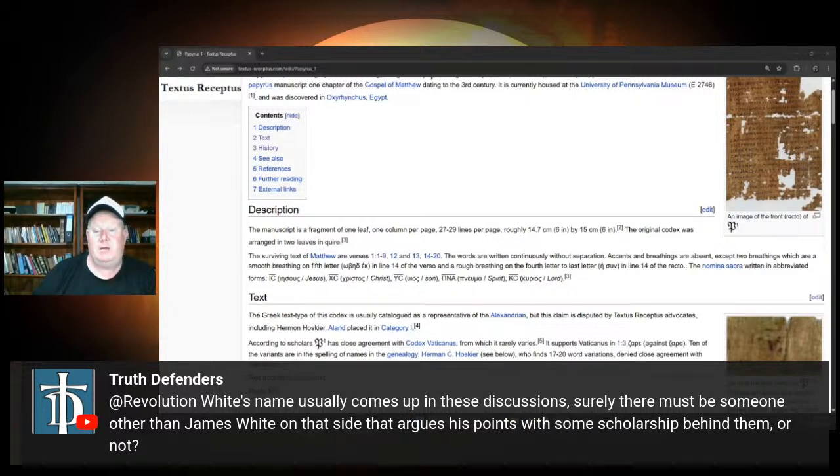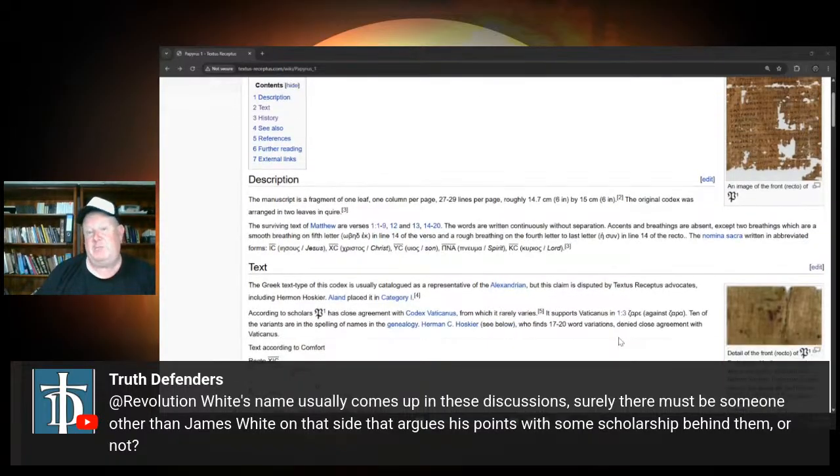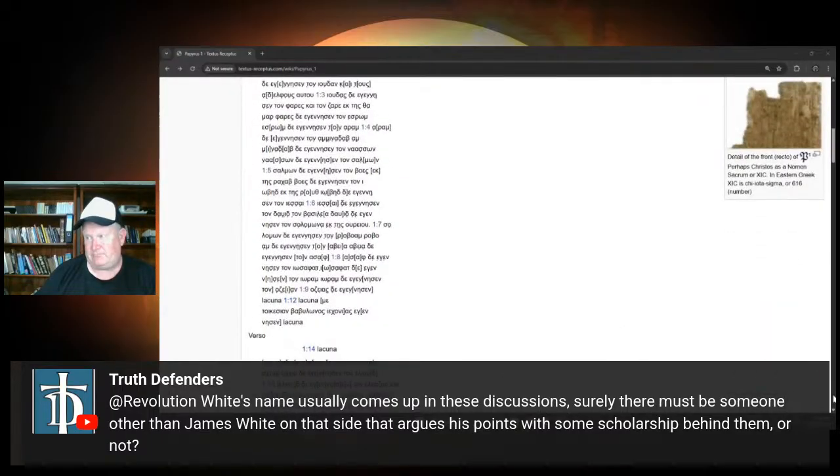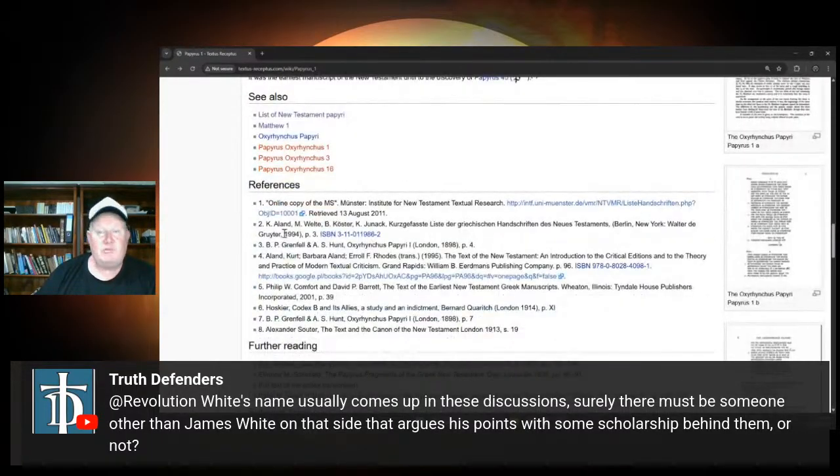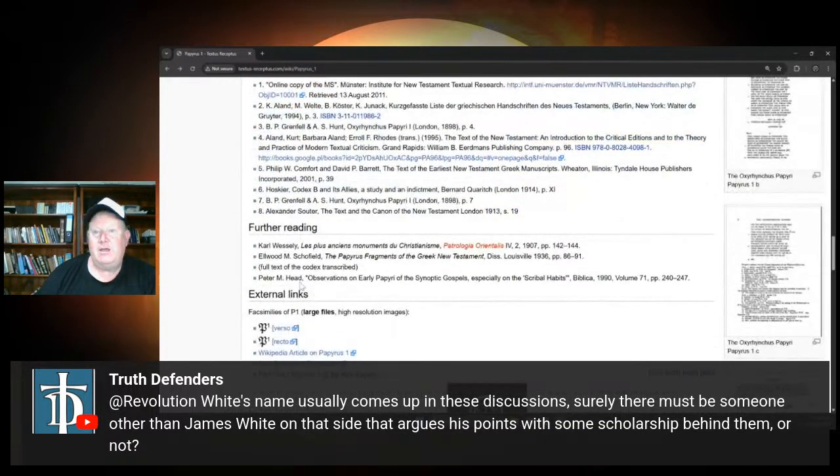And what they're saying, even though it comes across as scholarly, like on my article that I've got here, is referencing Kurt Aland, Barbara Aland, Grenfell and Hunt, Hoskier, Philip Comfort, anyone who's said anything about Papyri 1. It's like, okay, well, there you go. Peter Head talking about this type of thing. And so people have argumentation.